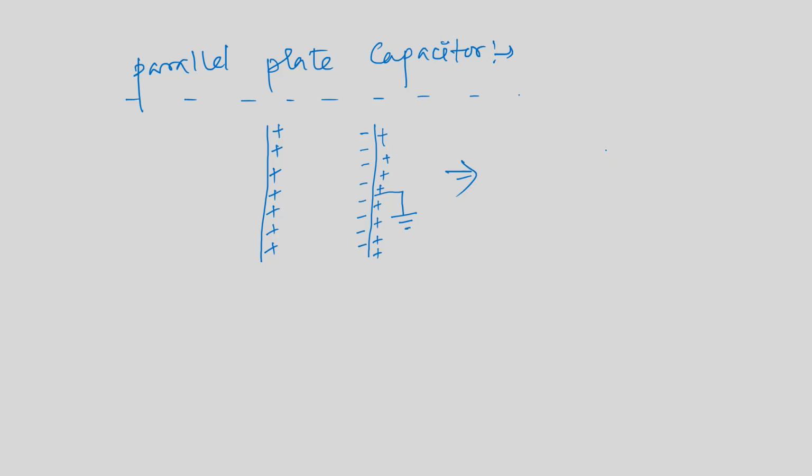So finally what will I get? Finally the diagram will look like this: this is the positively charged conducting plate and this will be the negatively charged conducting plate. All the positive charges on its outer surface are neutralized, as long as the earthing is present.